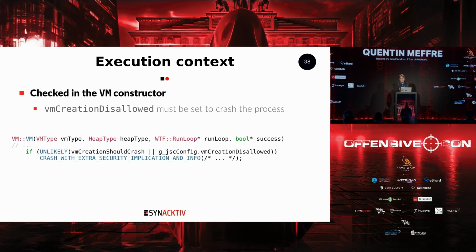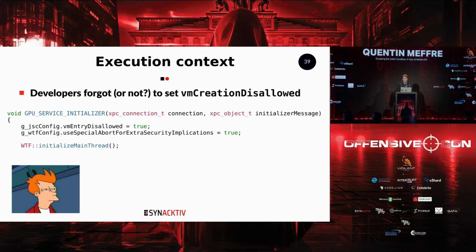If we look at the VM constructor, we can see that the developers added checks. If the VM creation disallowed variable is set, then the current process will crash. But if we look at the function which initializes the GPU process, this function sets up the parameters of the JavaScript engine.